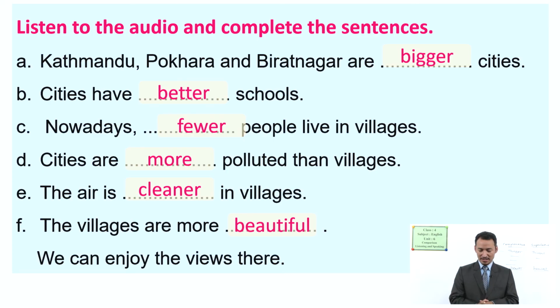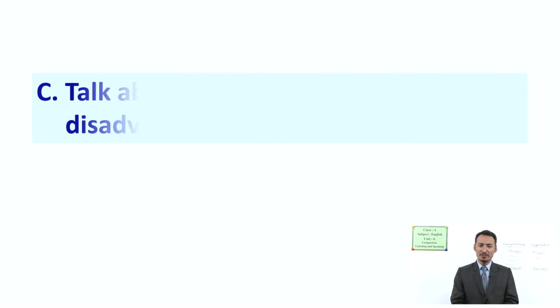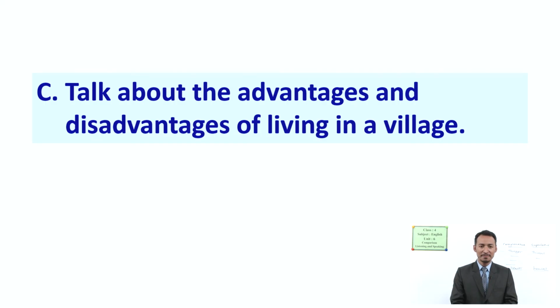Okay, students? So we now have a very short exercise, exercise C. This is about the advantages and disadvantages of living in a village. Okay students, you can talk about different things, like we have talked about today, and you can explain it to your friends, to your teachers, or in your school assembly.